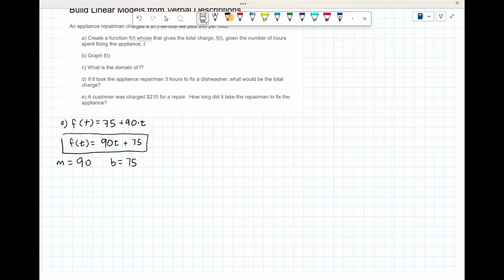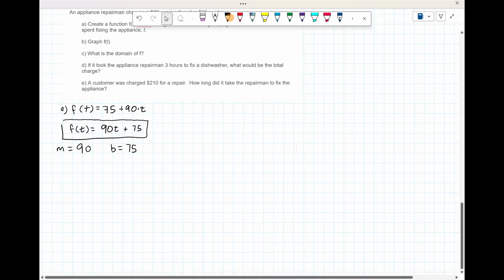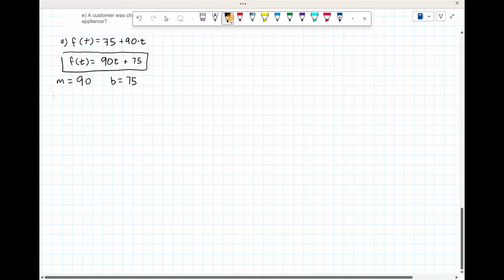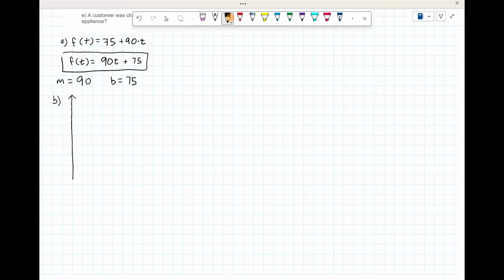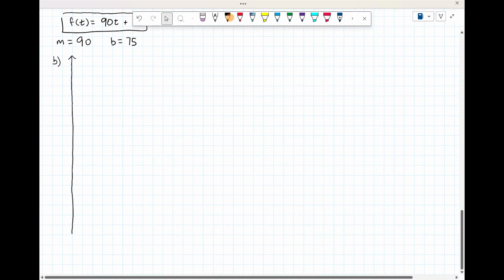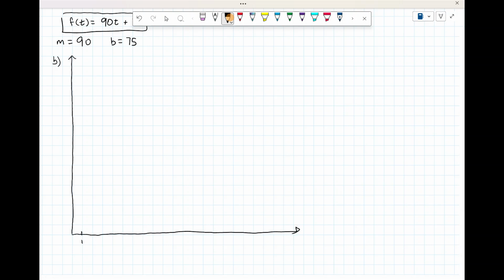So if I graph this, maybe I'll do it down here. Try to make it fairly big. And we'll do 1, 2, 3, 4, and maybe we'll go up by 10.